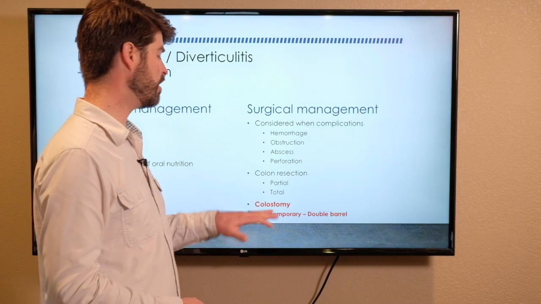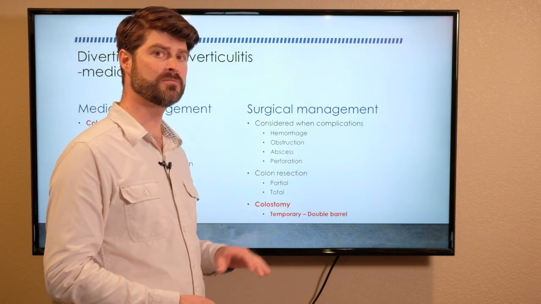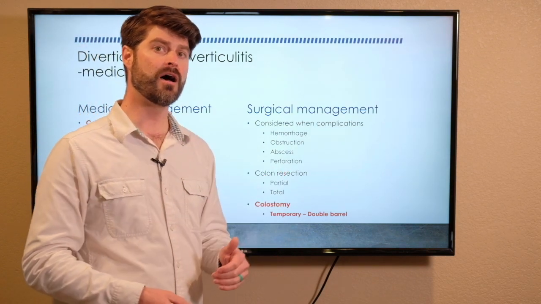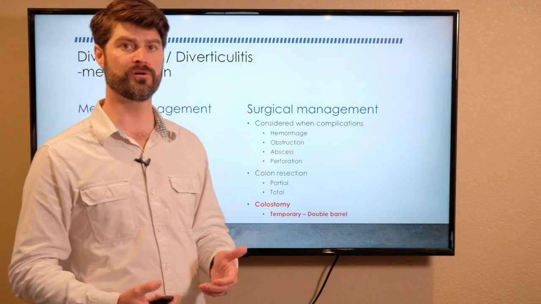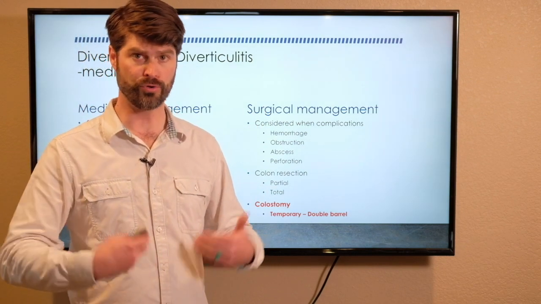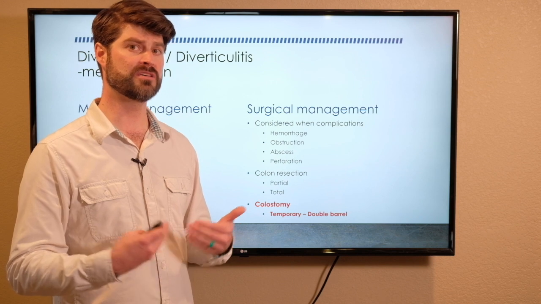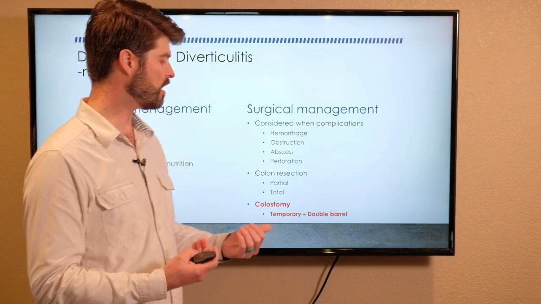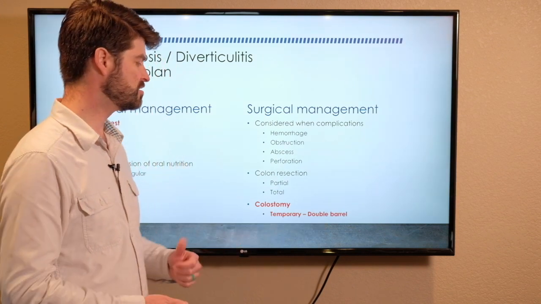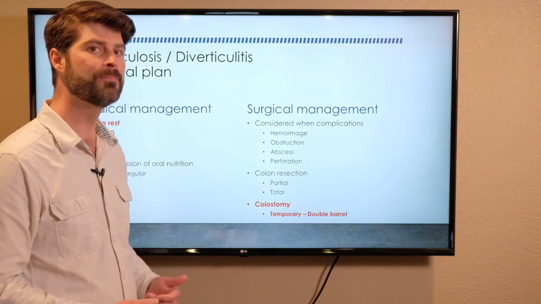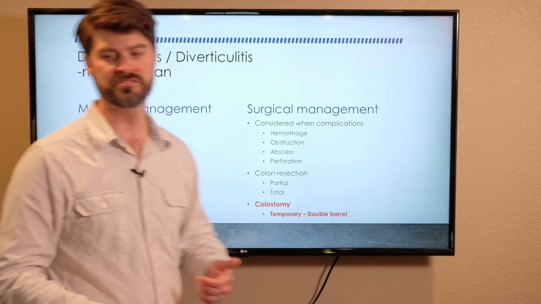These patients may also end up with a colostomy as a result of that need to remove part of the colon and promote colon rest so that those diverticulitis pockets can heal. So these are going to be things like our double barrel, which is our most temporary version of a colostomy.